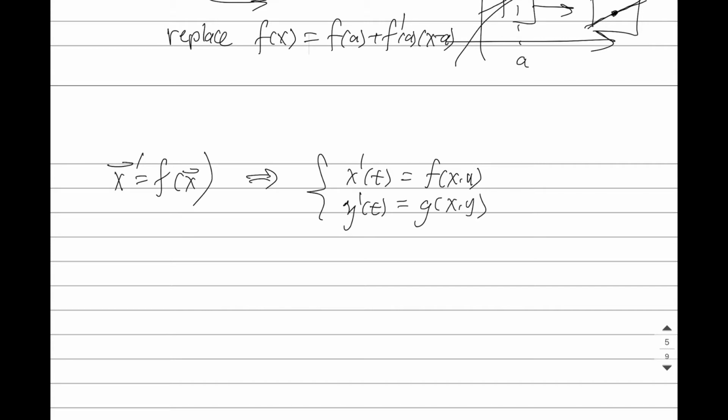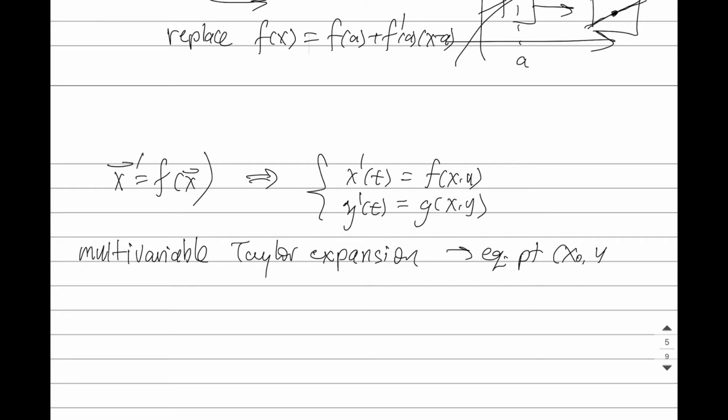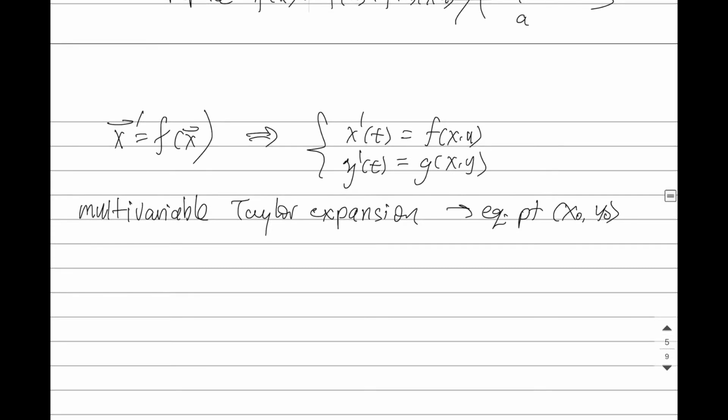There is such a thing as a multivariable Taylor expansion. And let's say that we have an equilibrium point that lives at x naught and y naught.